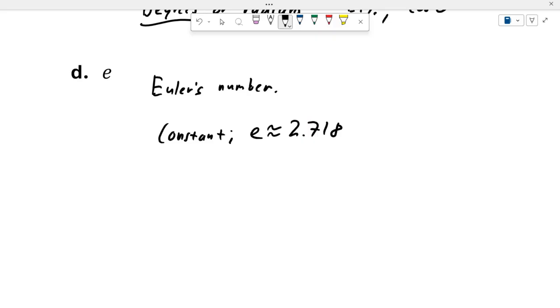And again, kind of like pi, there are several seemingly different but ultimately connected ways of getting e or understanding what e is. One of the interpretations of e involves something called a limit that you're going to learn about in this class. So I'm not going to use that definition of e because we don't yet know what a limit is.